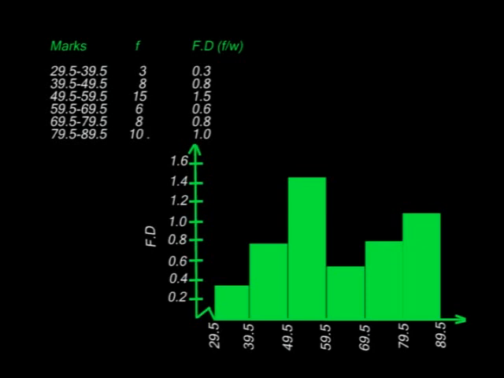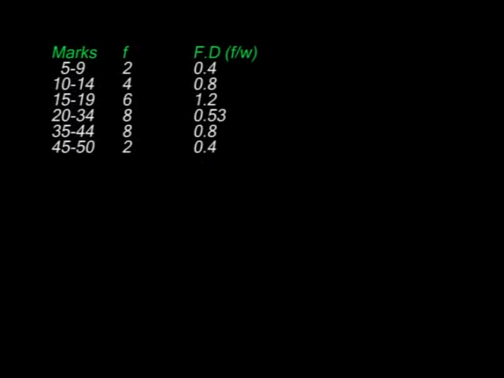From that histogram, the bars have equal width, and this is because our class intervals were constant at 10 for each of them. Now it doesn't always have to be like that. There are instances when the class intervals may vary.